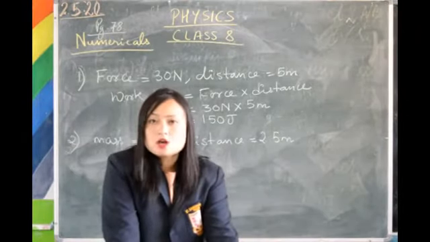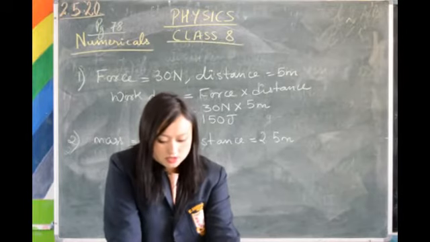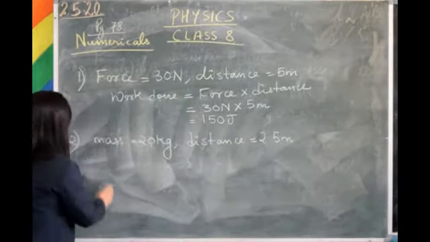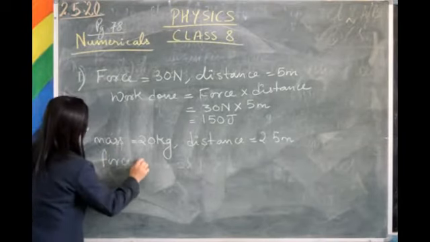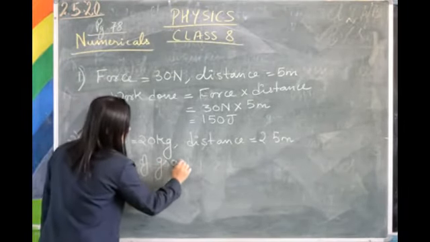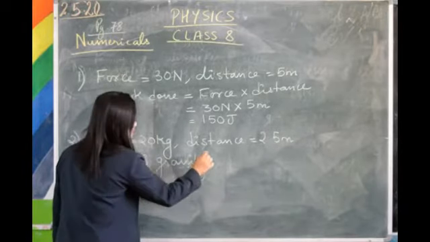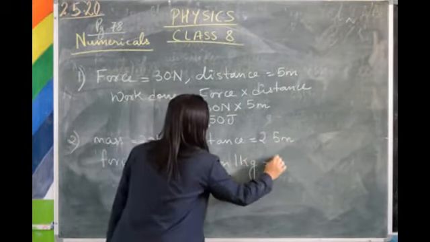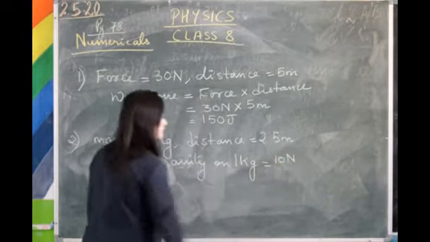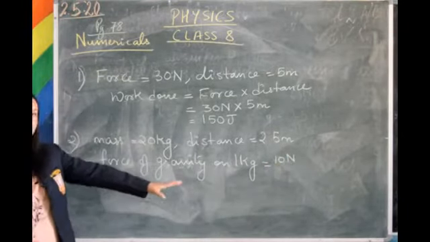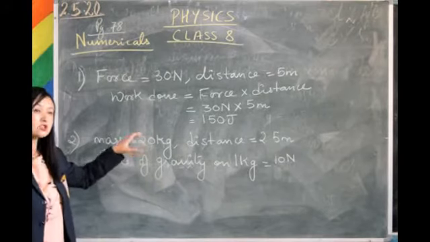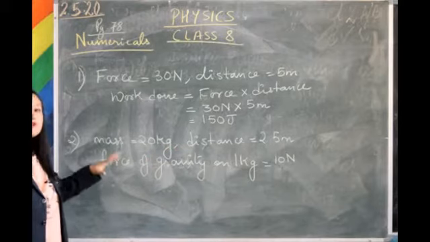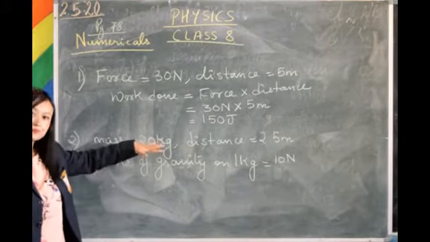Force of gravity. Force of gravity on mass 1 kg is given. So what is your force of gravity on 1 kg? Force of gravity on 1 kg is your 10 Newton. Okay, this is for 1 kg. How much is the mass actually given in the question? 20 kg. So we have to find the force which acts on 20 kg.